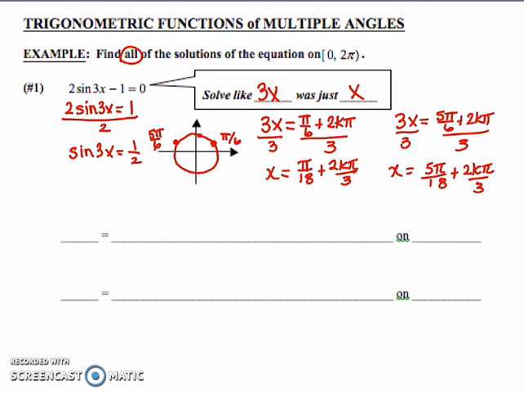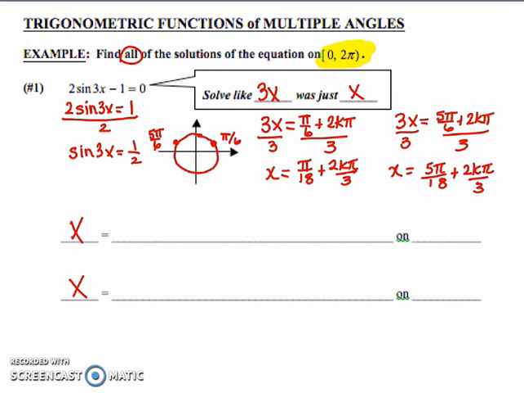Now, this particular example is asking us to find the solutions on the interval 0 to 2 pi. So we have to go back and say, we have our solutions for x, so what is that going to look like on the interval 0 to 2 pi? I'm just going to write down here my first solution.